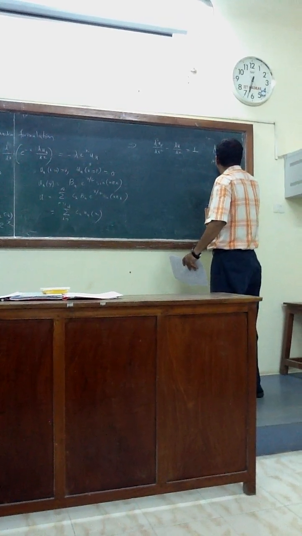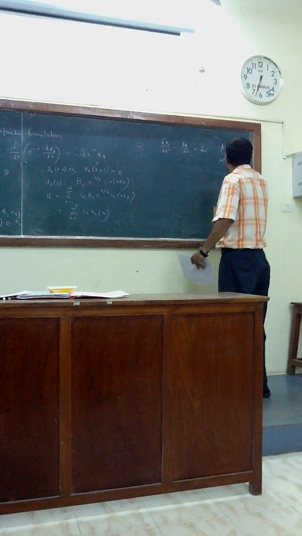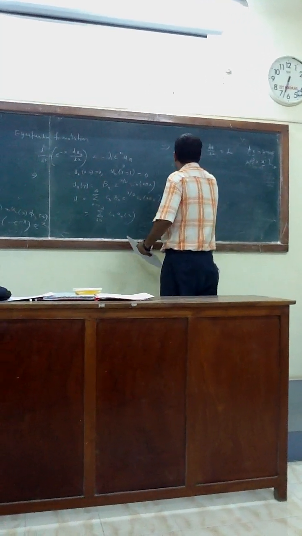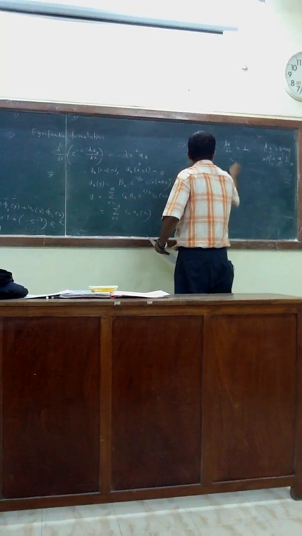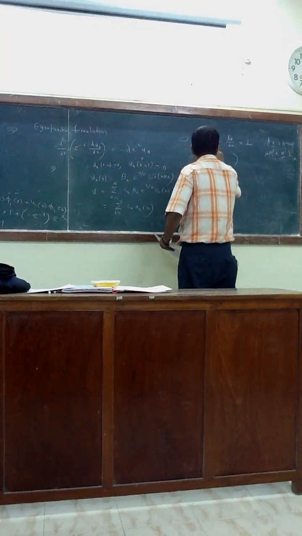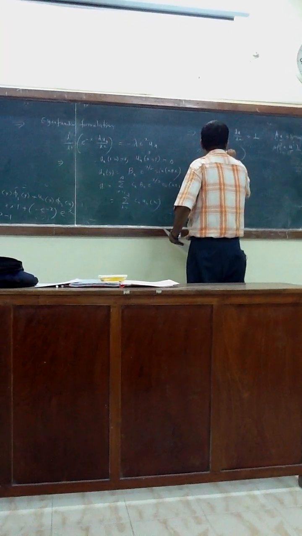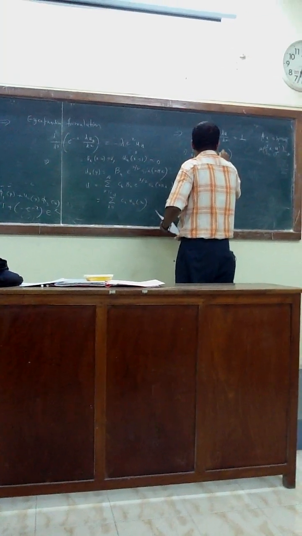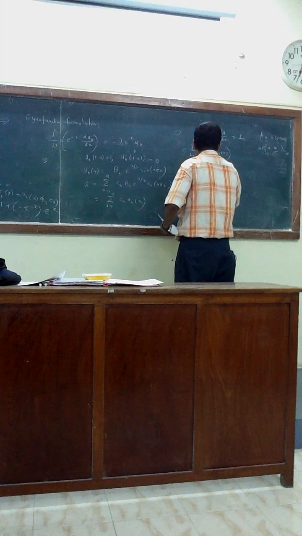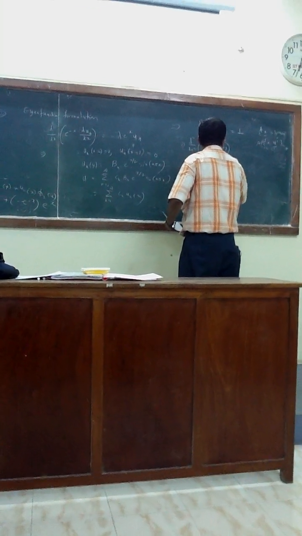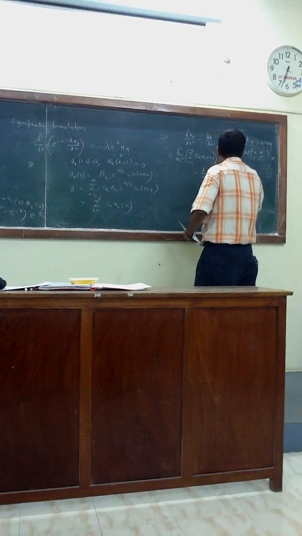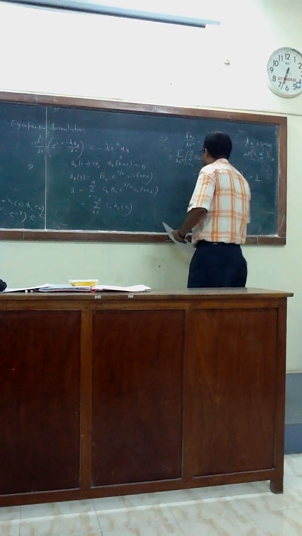You put summation alpha_i u_i, right? Same thing you do here. d2 by dx square of summation n equals 1 to infinity C_n u_n(x) minus d by dx of summation n equals 1 to infinity C_n u_n(x) equals 1.